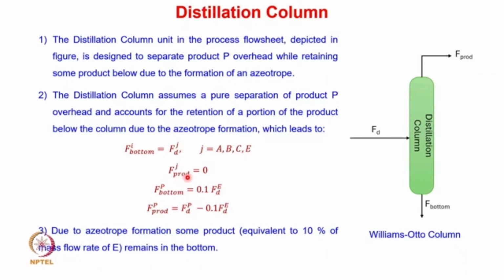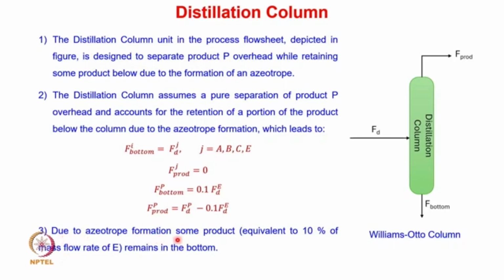Fj product equals 0. So whatever the product is taken out as a distillate, you can see that at the distillate all these component J's will be absent, whereas at the bottom product P will be 0.1 multiplied by the mass flow rate of the component E. That is the condition we started with in the problem statement, isn't it.